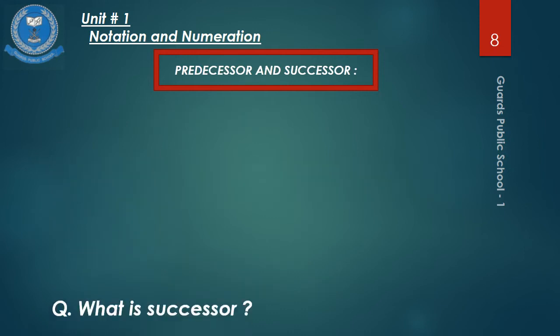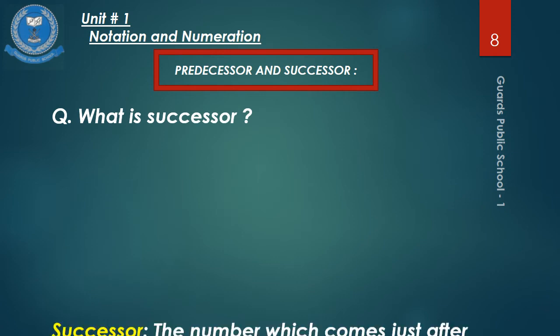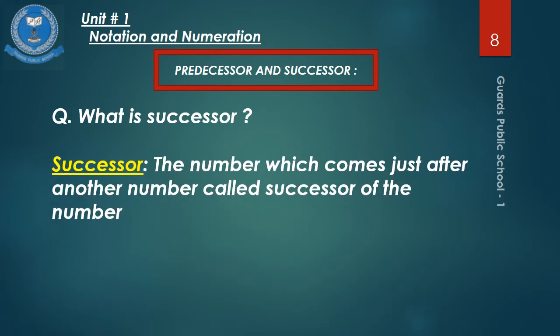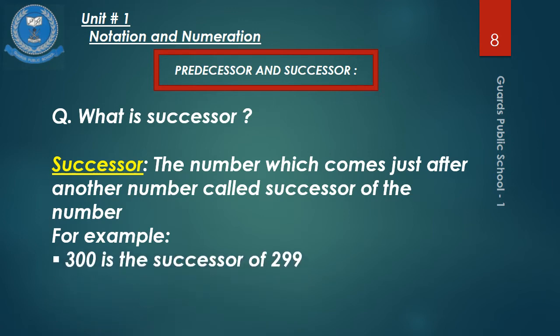And now, what is a successor? A successor is the number which comes just after another number. What does it mean? कि किसी भी नंबर के बाद जो नंबर आता है वो उसका सक्सेसर कहलाता है. After number called successor and before number called predecessor. Clear? इसी तरह से अब हमारे पास example में देखिए 300 and 299.